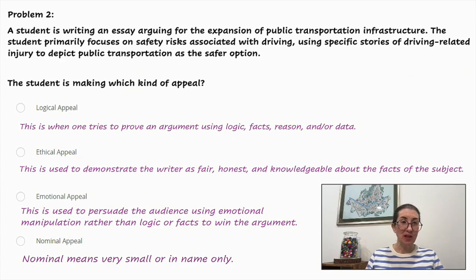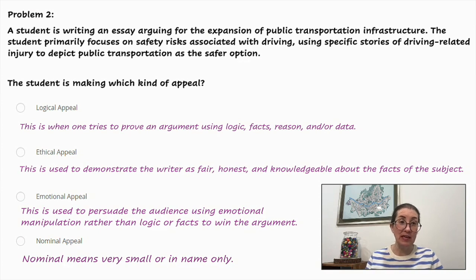Problem number 2. A student is writing an essay arguing for the expansion of public transportation infrastructure. The student primarily focuses on safety risks associated with driving, using specific stories of driving-related injury to depict public transportation as the safer option.